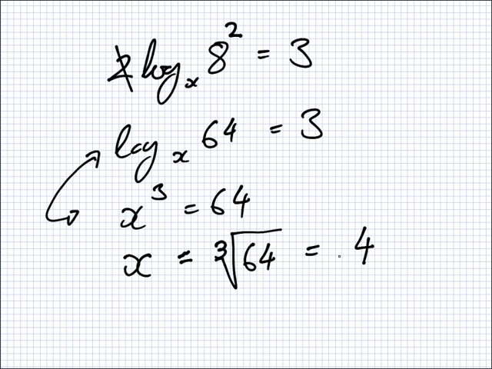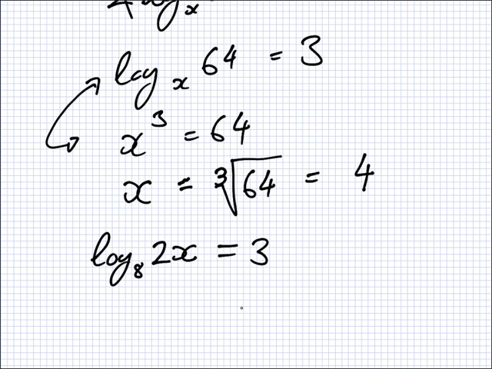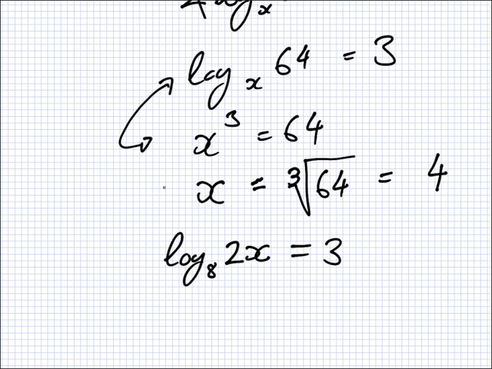Alright, what's next now? Log base 8 of 2x equals 3. Okay, so you gave us the first step last time, Abir. Mosa, what do you think might be the first step for this one now?